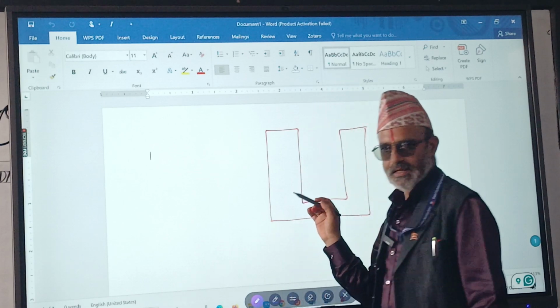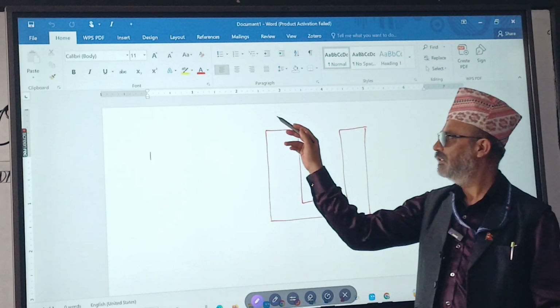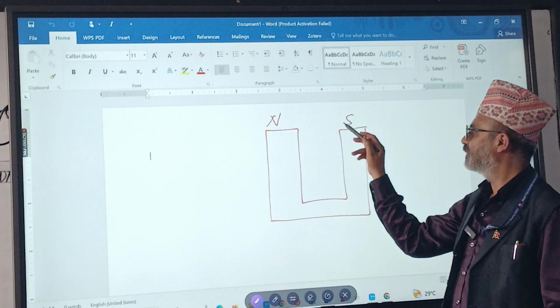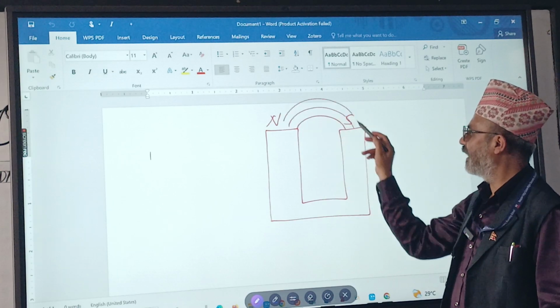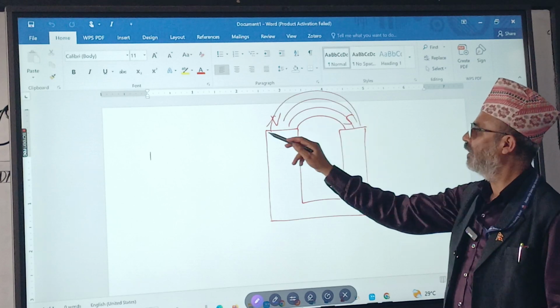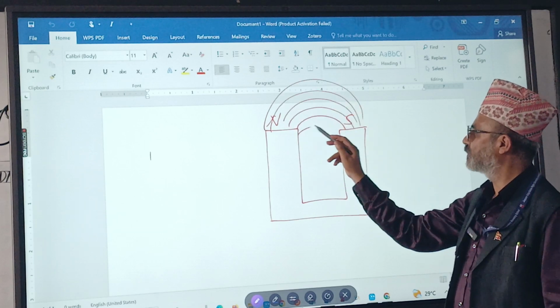Children, look here. If I draw a diagram like this, what is this? This is the North Pole, this is the South Pole. And here are some imaginary lines. These lines are called magnetic lines of force.